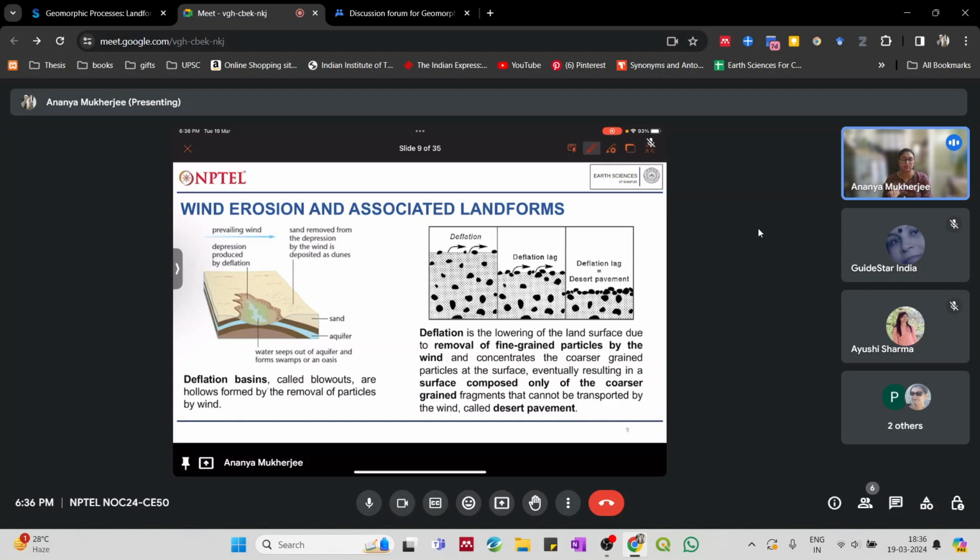And then if the hollow cuts the groundwater table, or reaches the contact between the aquifer and the top layers, you can have small lakes, so swamps or oases can be formed in the deflation basins that are created.